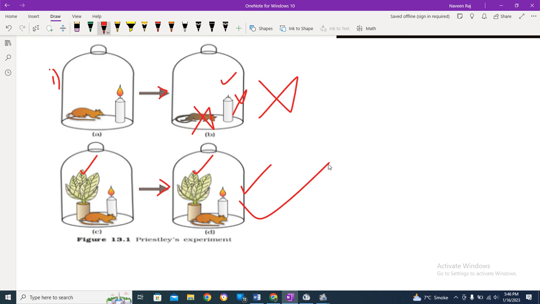Okay, you need to understand this equation. Listen carefully to what he hypothesized. Whatever the candle is releasing, or the rat is releasing from its mouth, or whatever it is, during that time it wasn't discovered.